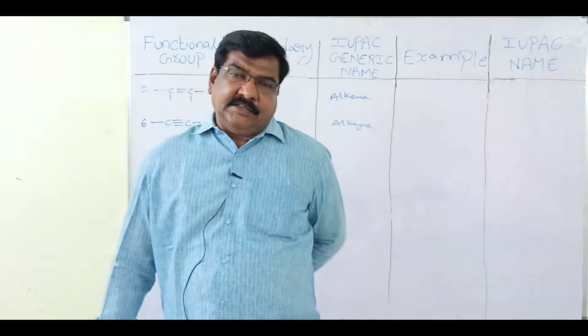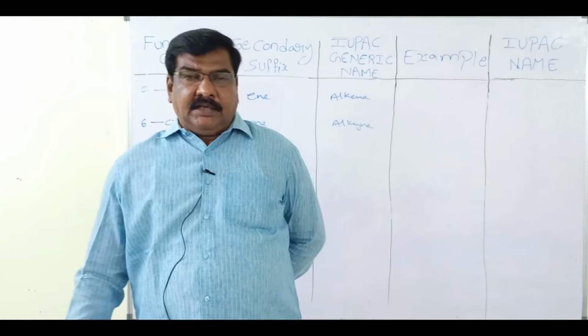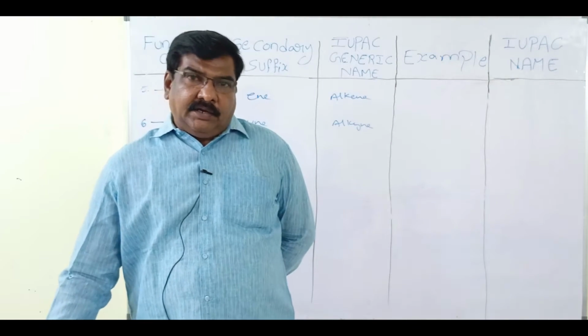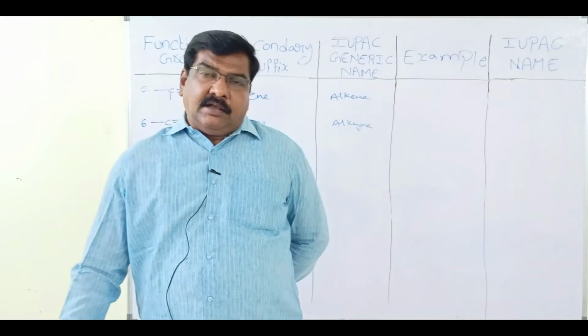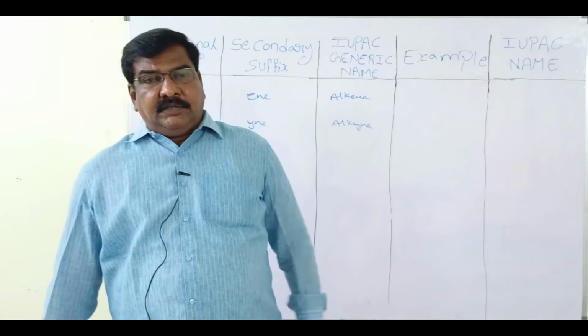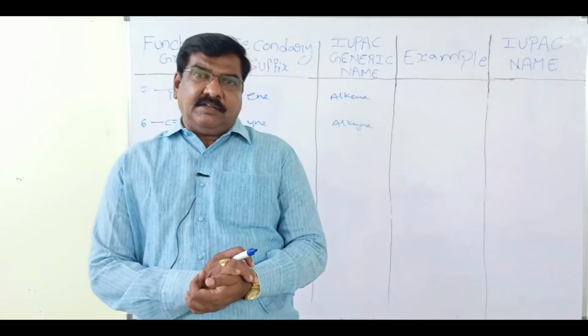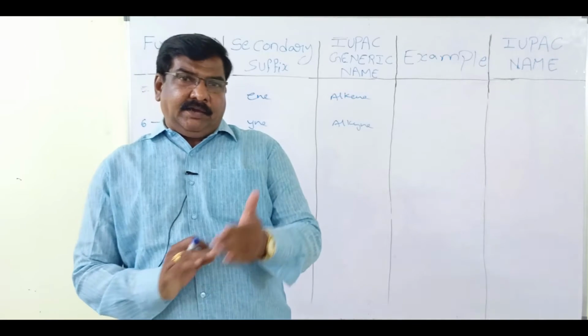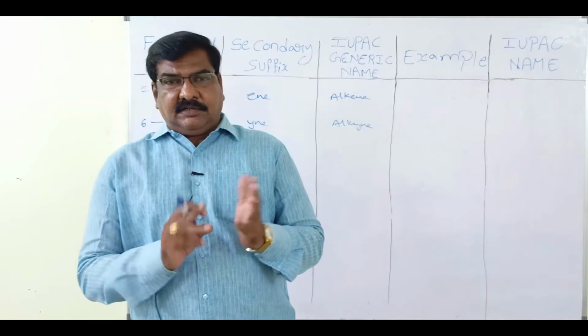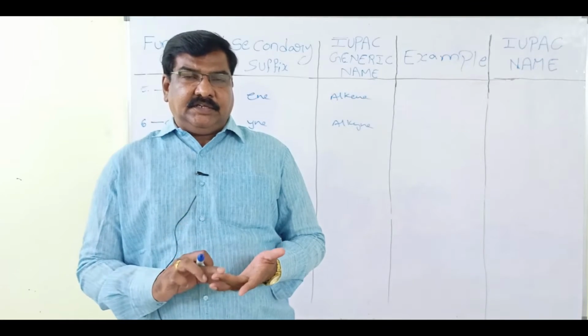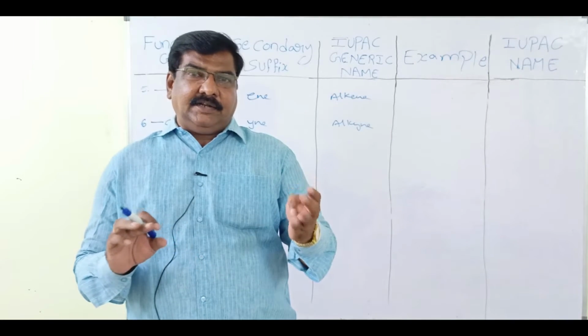If it is not there, then aldehyde, next ketone, after that alcohol, alkene and alkyne. So these all are principal functional groups. Priority is always given in that order: carboxylic acid, aldehyde, ketone, alcohol, alkene and alkyne.